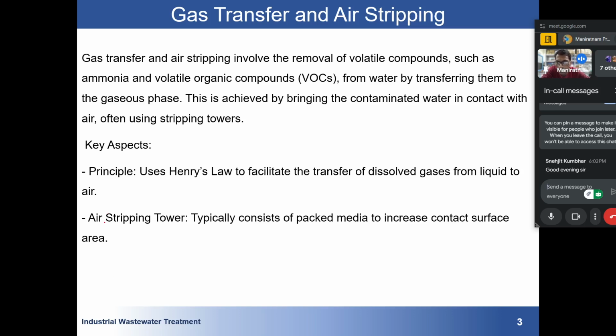Then there is the air stripping tower, which typically consists of packed media to increase the contact surface area. If we increase the surface area of our system, there will be more transfer of gases from our liquid sample to the atmosphere. So for that we use an air stripping tower.